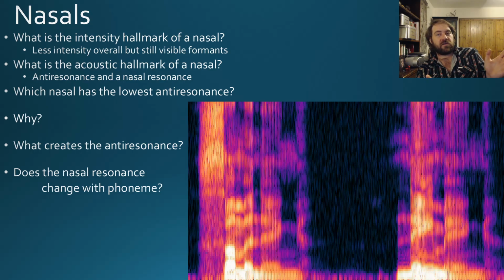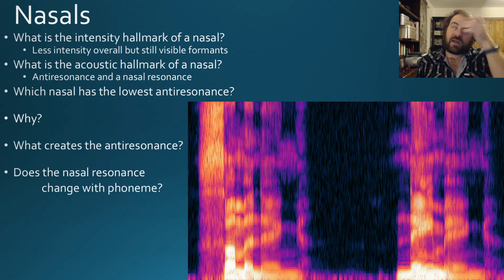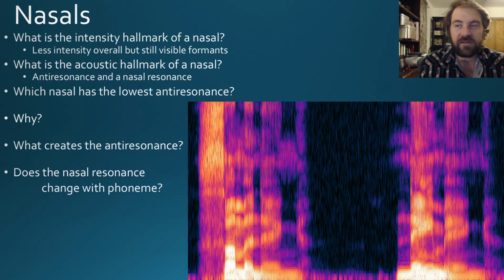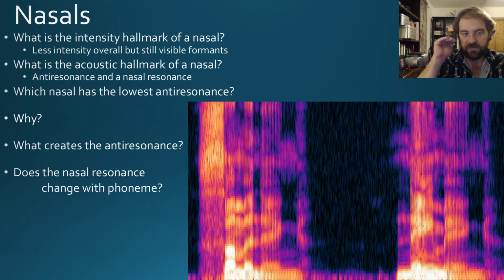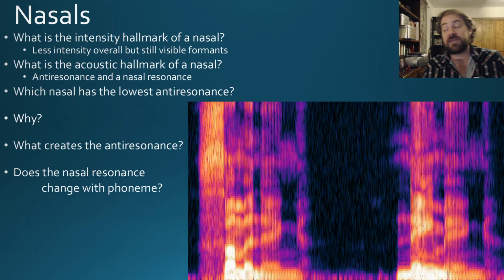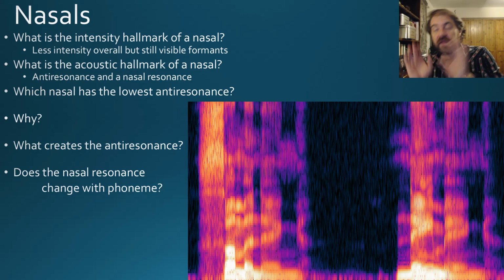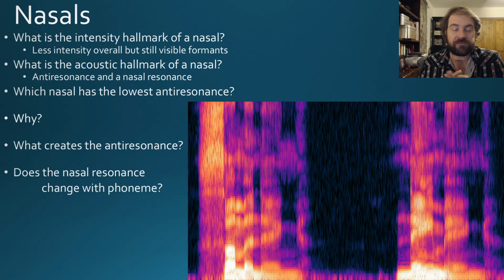The first thing we've seen so far with anti-resonance. It's not the only thing with anti-resonance, but it's pretty pronounced in the nasals. And then second, there's a nasal resonance that's somewhere between 250 and 300. And it's the same for all the nasals produced by the same speaker. It'll have the same nasal resonance. Different speakers may have slightly different nasal resonances, but not crazy different.